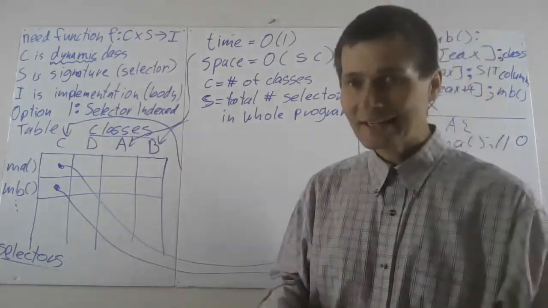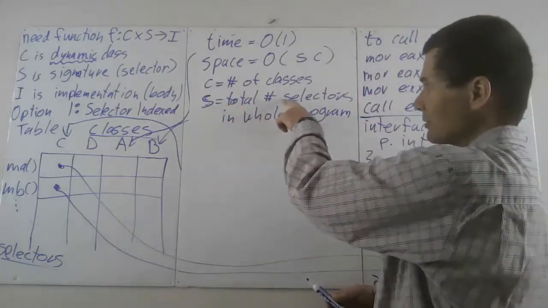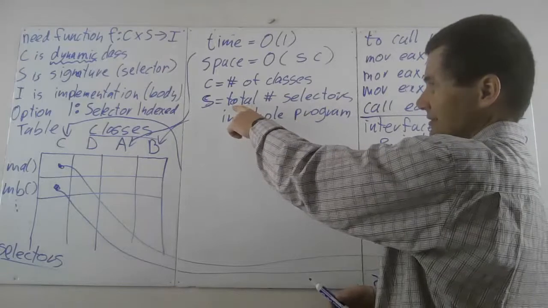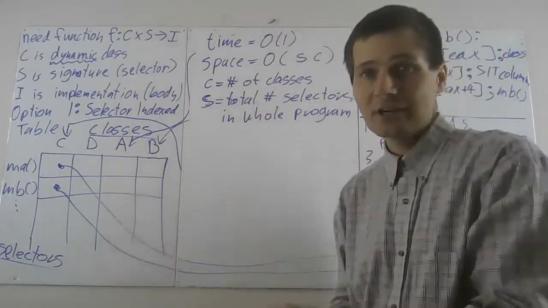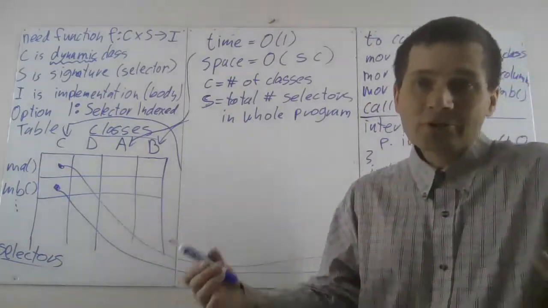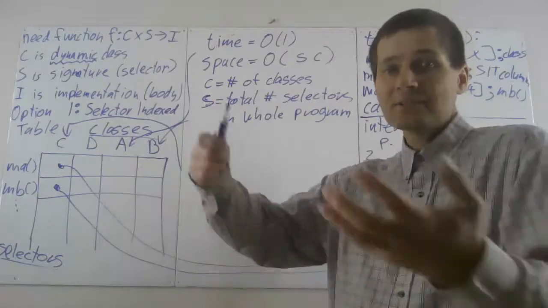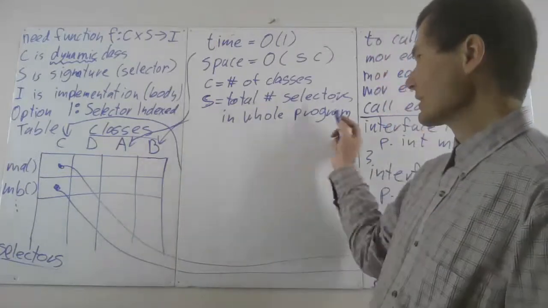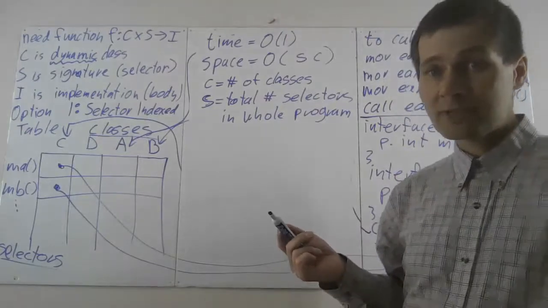And so in that case, your quadratic part here, instead of the total number of selectors, goes down to only the selectors that are in interfaces, right? And in most Java programs, there tend to be a lot more classes than there are interfaces. So hopefully this cuts down on a lot of the space requirements.